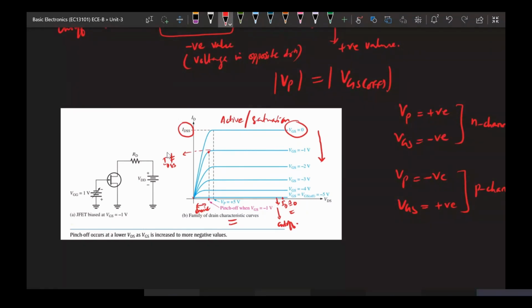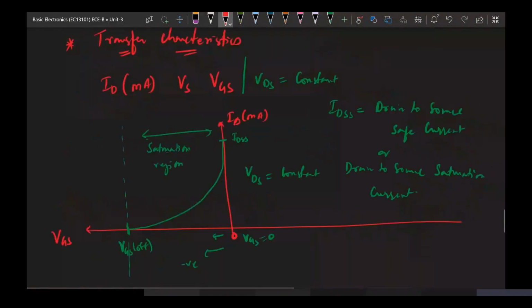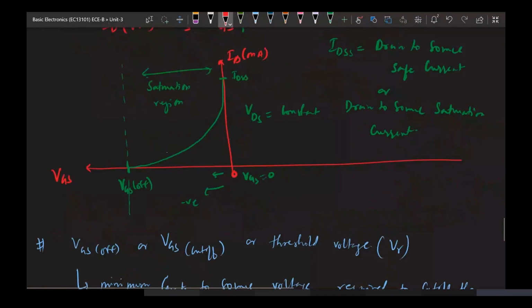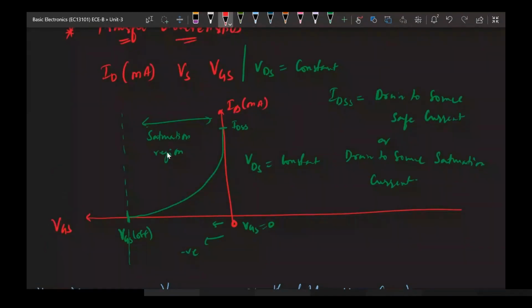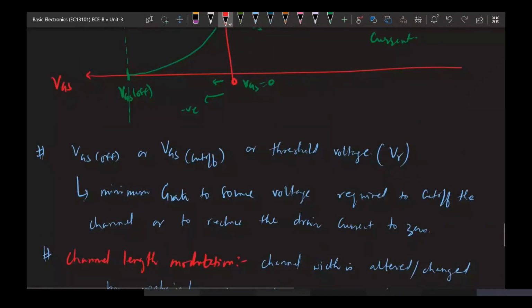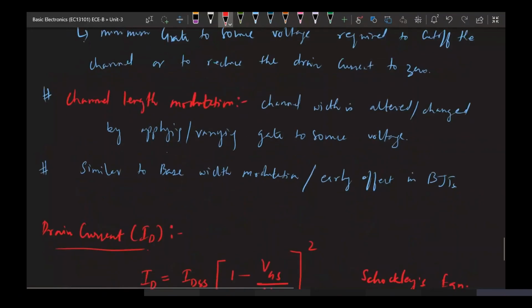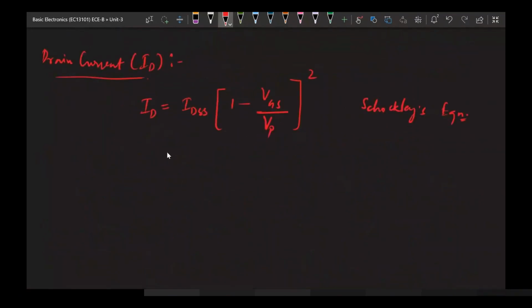So in both the cases we can just see, this is where VGS is 0, and at that time whatever current is flowing, that is your IDSS. And 1 minus VGS, gate to source voltage, divided by VP. This VP is your pinch off voltage.